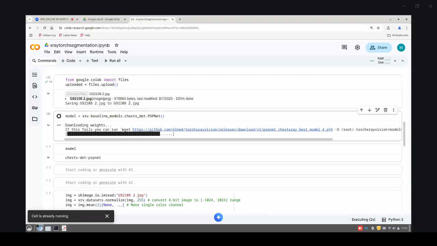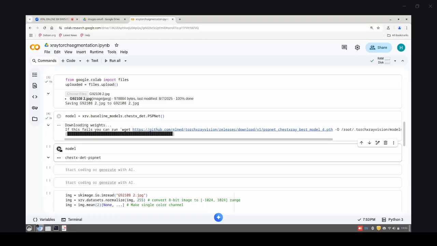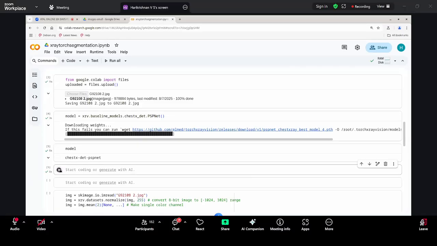And I am downloading the weights of this PSPNet architecture for which error was minimum, which are called pre-trained weights. I'm loading the model and supplying this input image, G9210228.